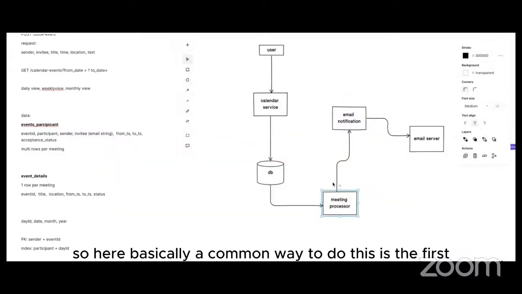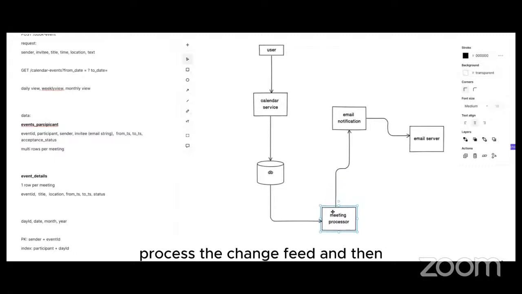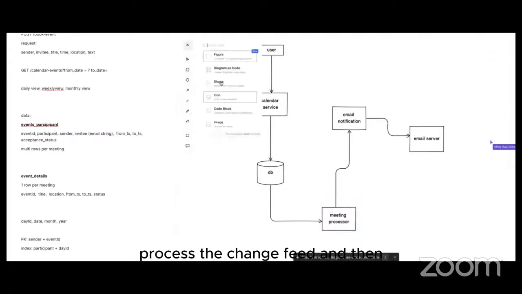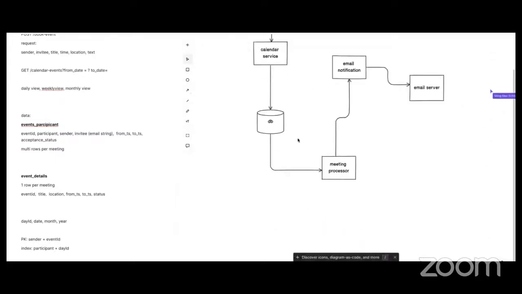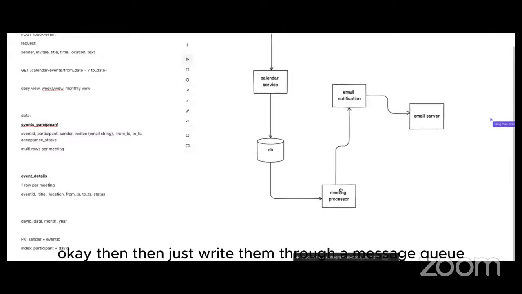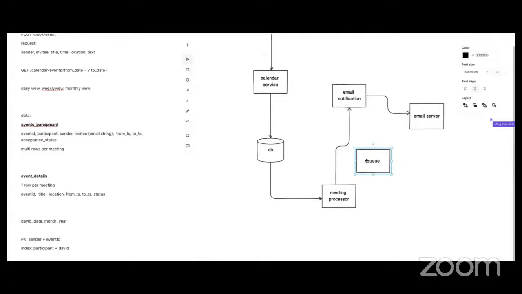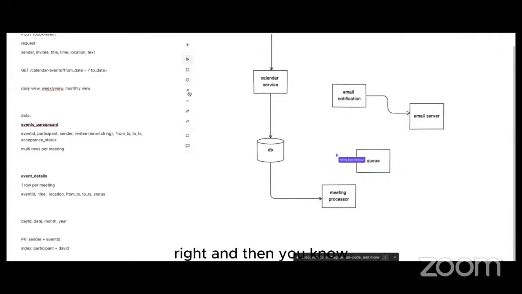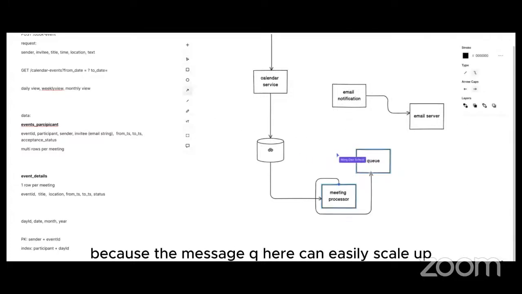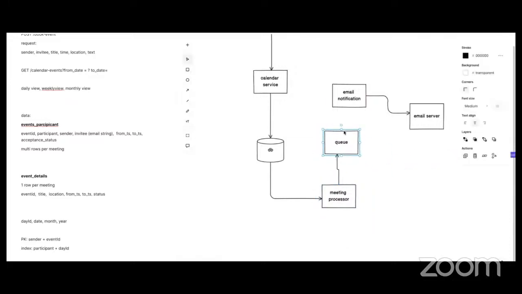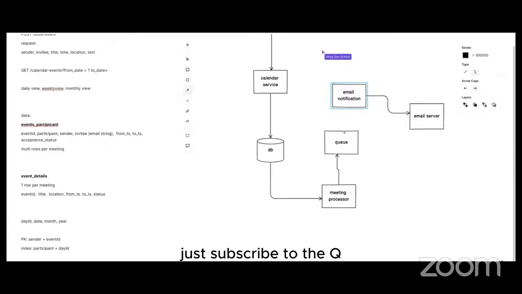So here basically a common way to do this is to first process the change feed, and then write them to a message queue, right? Because the message queue can easily scale up, and the notification service just subscribes to the queue.